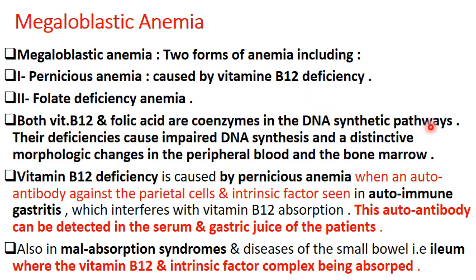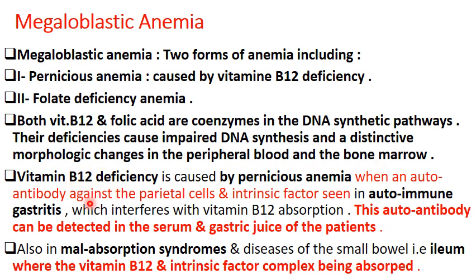What does that mean? Vitamin B12 and folic acid are important factors in the synthesis of DNA. So the deficiencies will lead to impairment of DNA synthesis. Subsequently, it will lead to distinctive, striking morphological changes in the peripheral blood film and in the bone marrow.